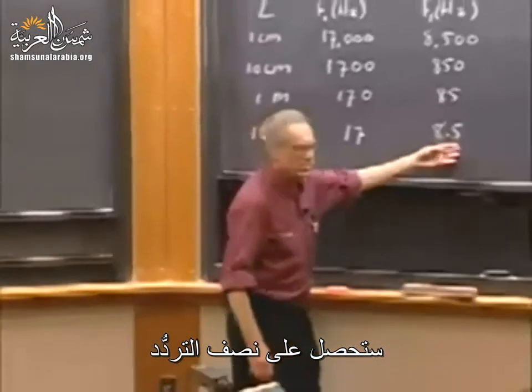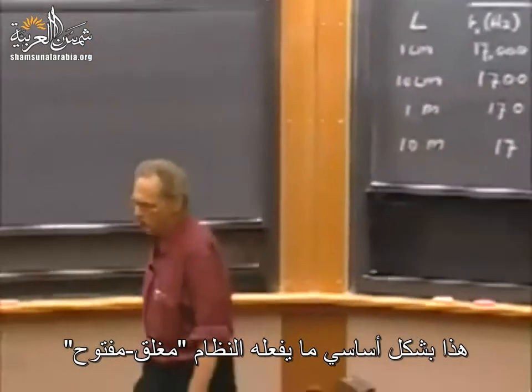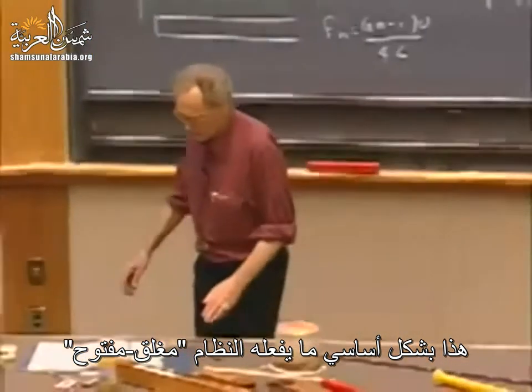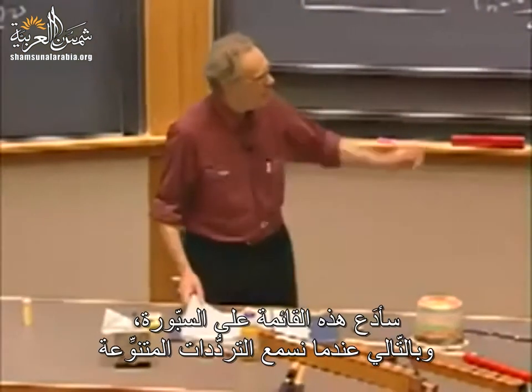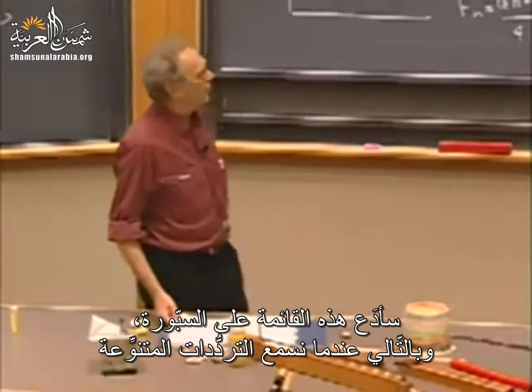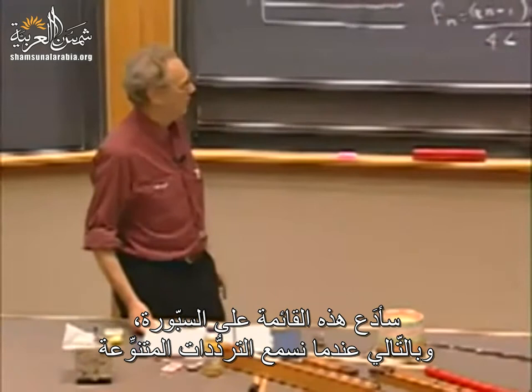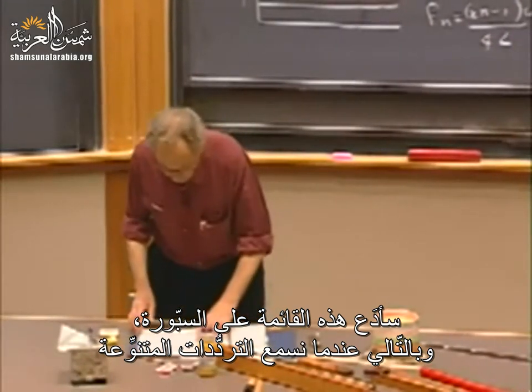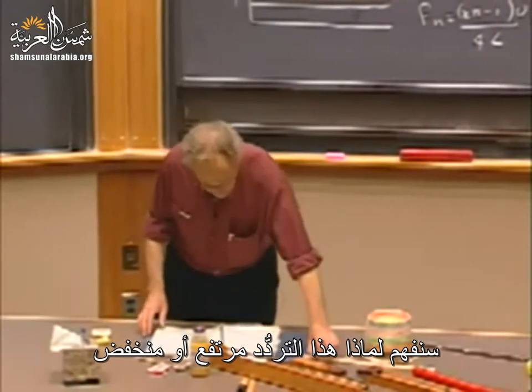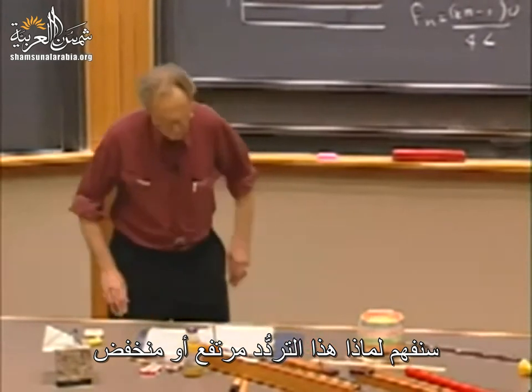You get half the frequency. That's basically what a closed-open system does. And so we'll keep that on so that we can understand when we hear the various frequencies, why the frequencies are as high or as low as they are.